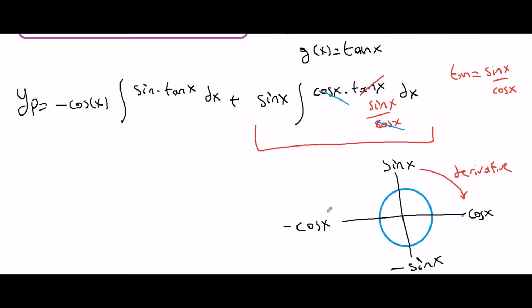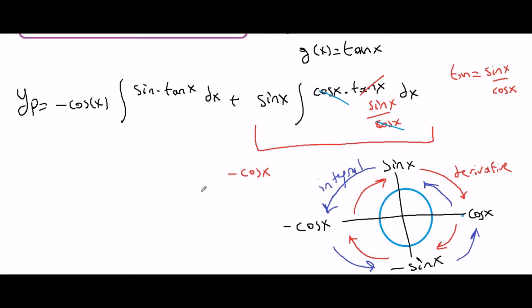If you go counterclockwise, which is this way, then you get the integral of each trigonometric function. And if you go clockwise, you get the derivative. So integral of sine of x is negative cosine of x. So from this integral, we get negative cosine of x. Let me write here. And we need to multiply it by sine of x. So cosine x, sine x. That's what we obtain from the second part.